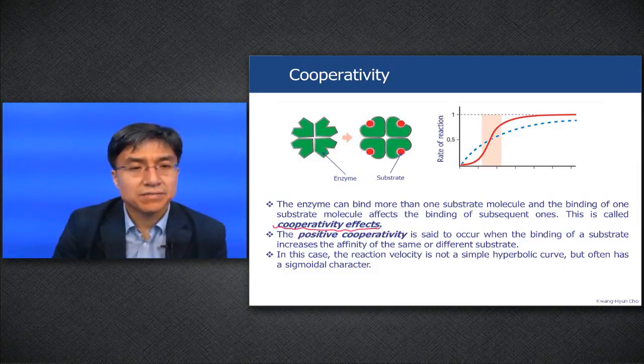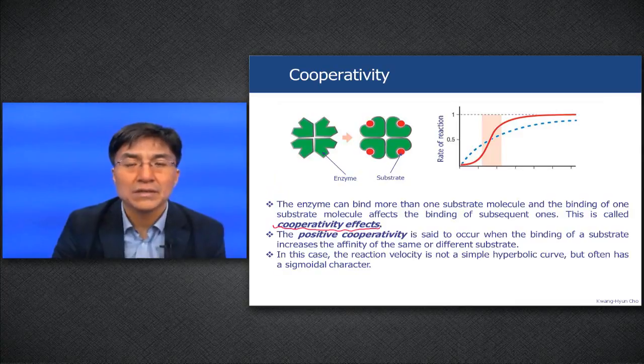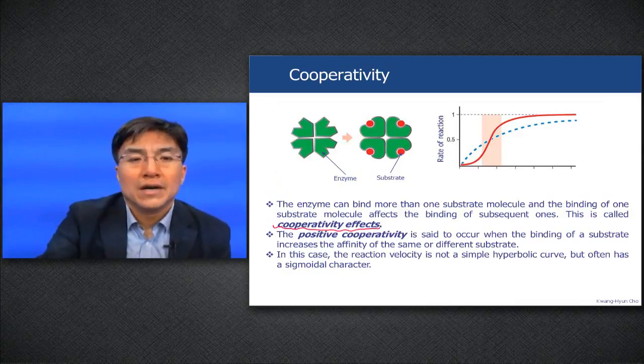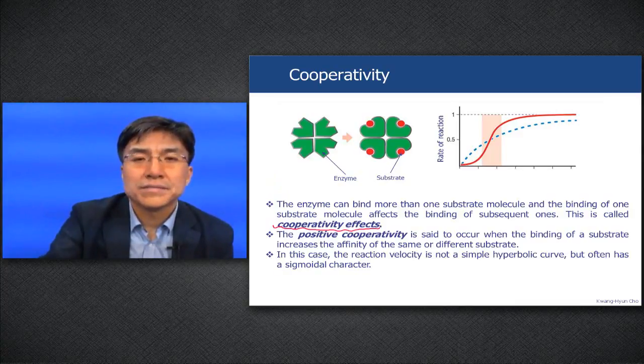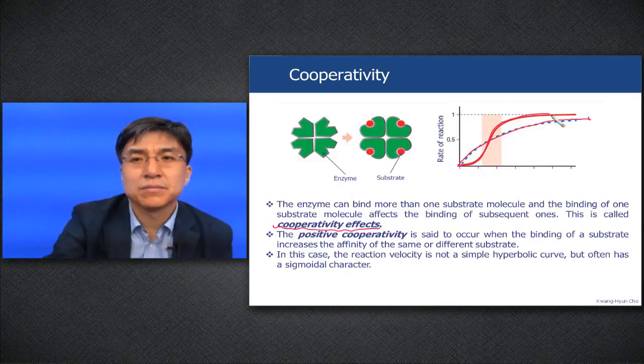We can further classify this cooperativity as either positive cooperativity or negative cooperativity. Here, positive cooperativity means that when the binding of a substrate increases, the affinity of the same or different substrate increases. So, without cooperativity, normally the curve has this shape. But if there is some cooperativity, then this profile changes to this sigmoidal curve.